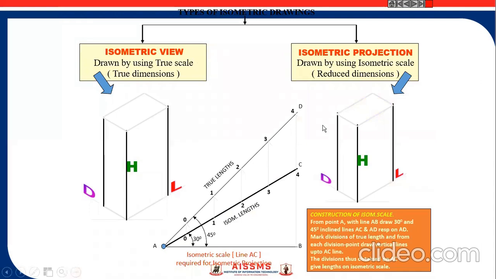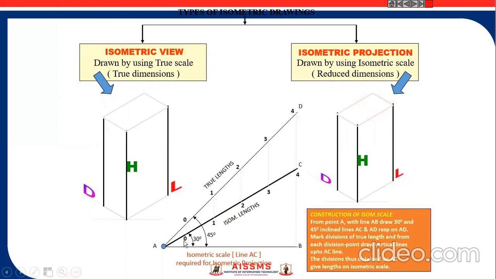Now, how do we get the isometric scale? First of all, draw a horizontal line. Make an angle of 30 degrees with the second line and 45 degrees with the third line. Now this 45 degree line is your true length. Suppose this is 1 centimeter, 2 centimeters, 3 centimeters, 4, 5, up to 10, and then extend all these points vertically downward, 1 to 1, 2 to 2, 3 to 3, and 4 to 4.